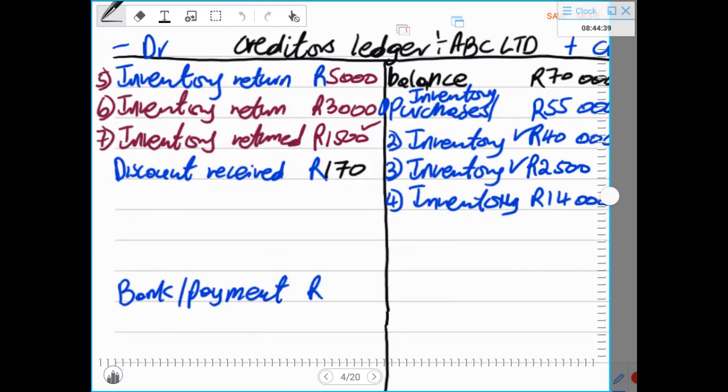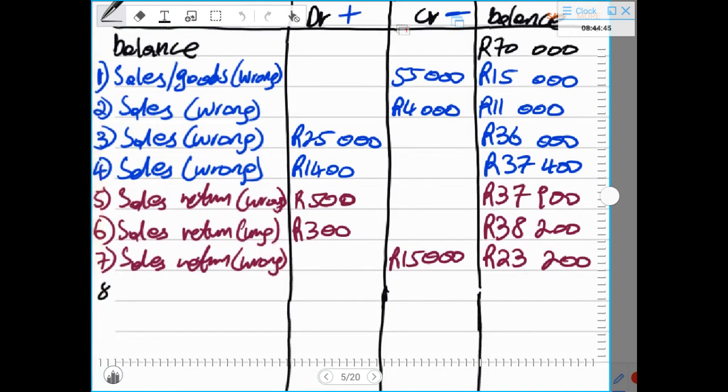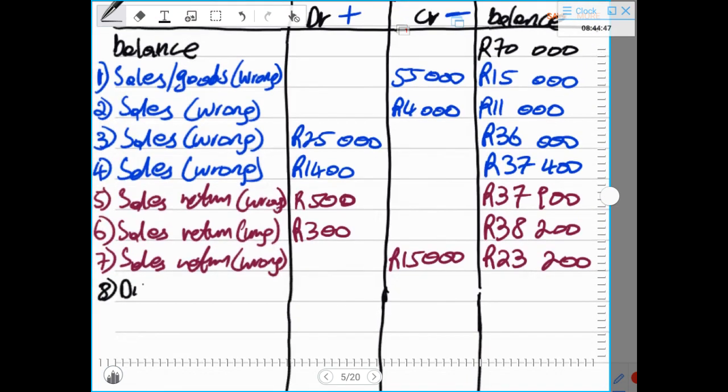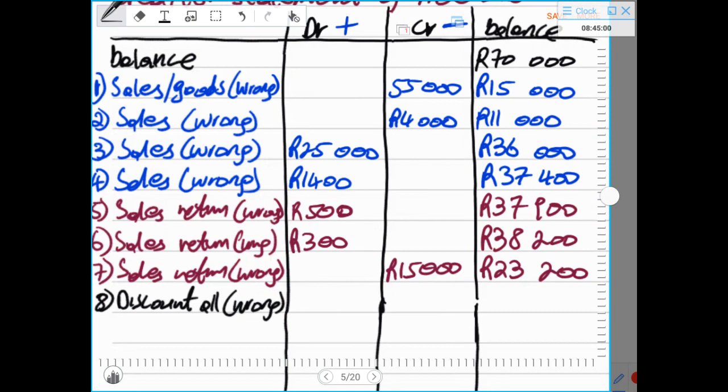The date is very important. The date is the 8th, and on the same date of the 8th we see that there is a discount that our supplier has allowed to us. Discount allowed. Remember, they are wrong. Why the statement must be wrong is because we want to make sure that we do creditors reconciliation statement.